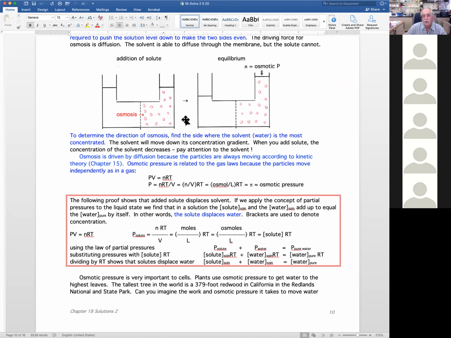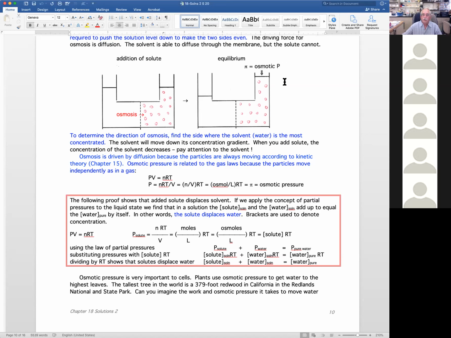So we oftentimes concentrate too much on diffusion of the solute particles, but now we're concentrating on the diffusion of the solvent. It will go down its concentration gradient, move in this direction through the membrane, that's called osmosis. And when that happens, you'll see that this will be higher than over here because of diffusion of the solvent.